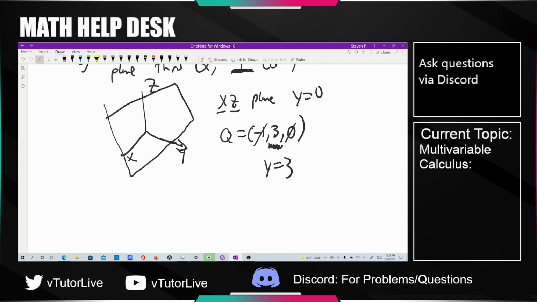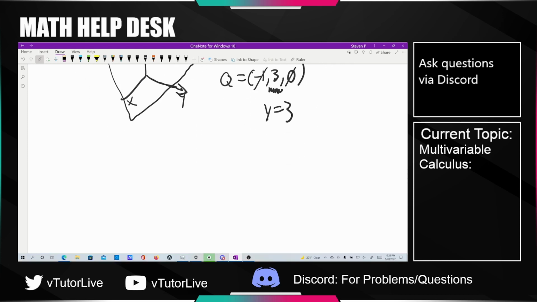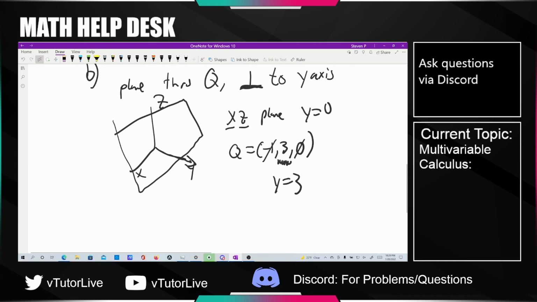It's in order for it to contain the point in question, assuming it's already perpendicular. Well, really it's both, right? Okay, let's just double check. If it says perpendicular to the y-axis going through Q, you just need to locate Q and then figure out what point they would share.